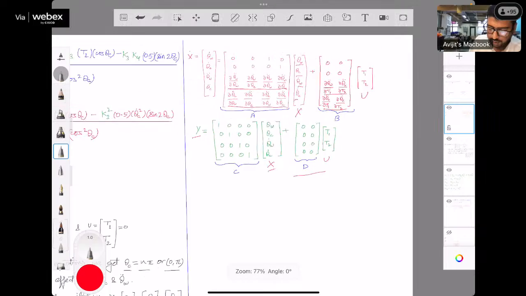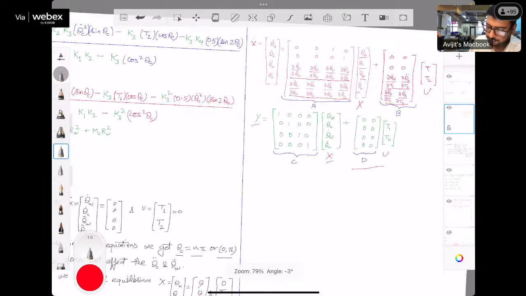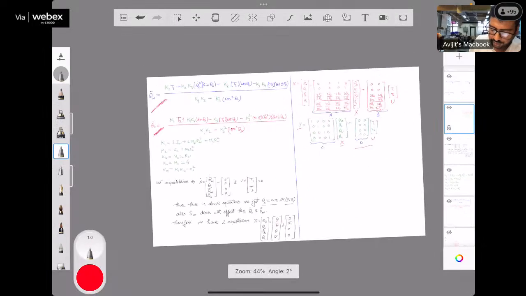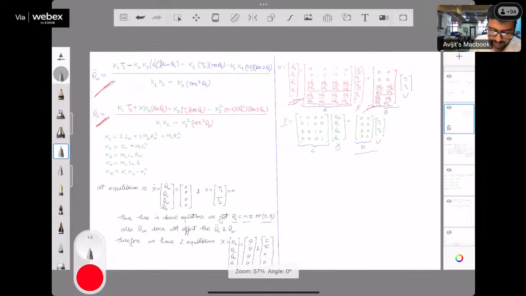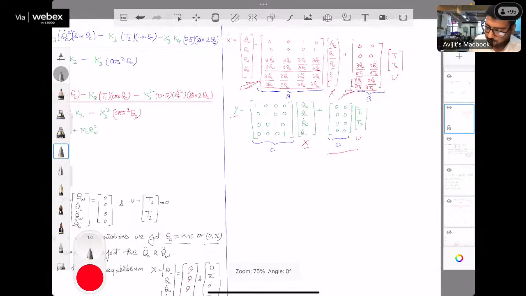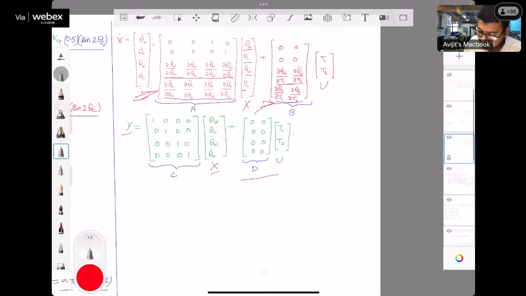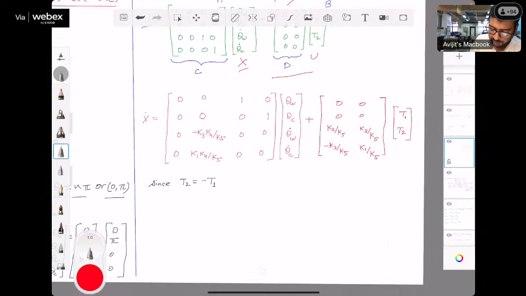Okay, I again give you an assignment: take a screenshot of this and try to calculate the A and B matrices at your own end after the workshop. Once we calculate these, we will find that the A and B matrices will turn out like this. Now, since there's a coupling, since the wheel and the body are coupled through the motor, here we have T2 equal to minus T1.